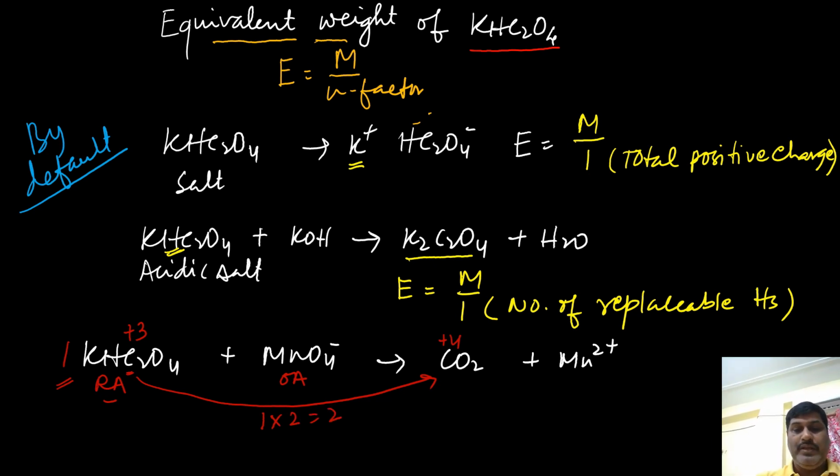So here the equivalent weight is equal to M by 2. What is the 2? 2 is the n factor, the total number of moles of electrons lost per mole of KHC2O4. So in this case you find a different equivalent weight, and we have to be careful regarding this.